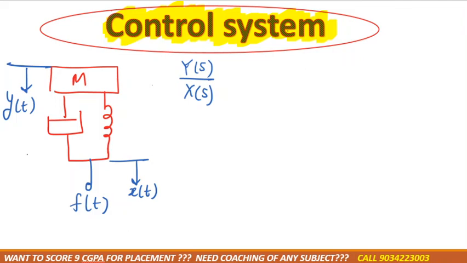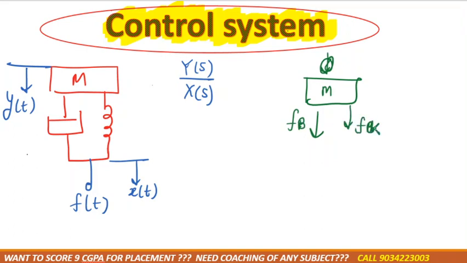In this case, again we'll focus on the mass. There is a mass, right? In this case, the damper is moving in the downward direction. Spring is forcing in the downward direction, and the mass itself is in the upward direction, right? So if I want to make the equation, then it would be how much? Fm is equal to Fb plus Fk. So Fm is how much?